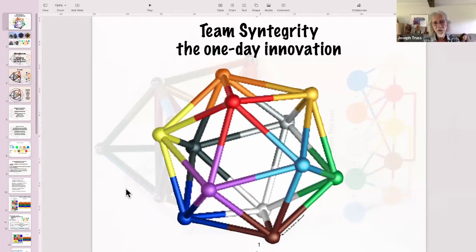Architecturally, this is the same structure as Buckminster Fuller's geodesic dome. And we know that what that means is that you have what Bucky called tensile integrity. So you have these orthogonal forces, tension and compression, that are always at work.